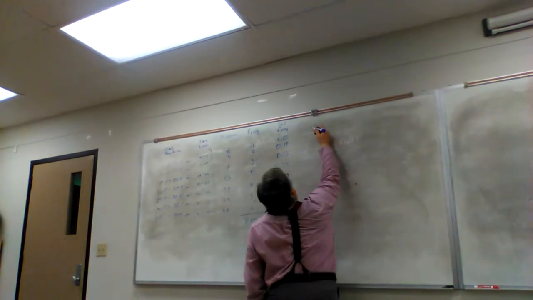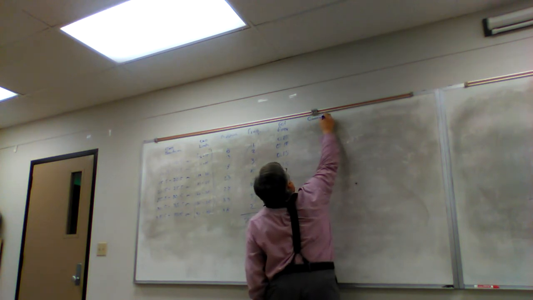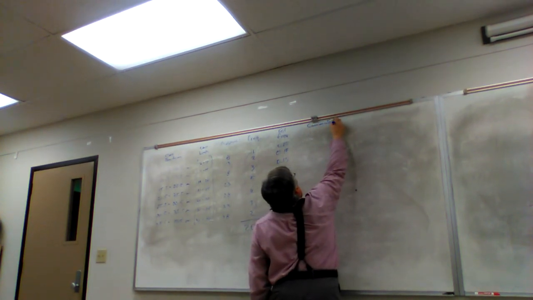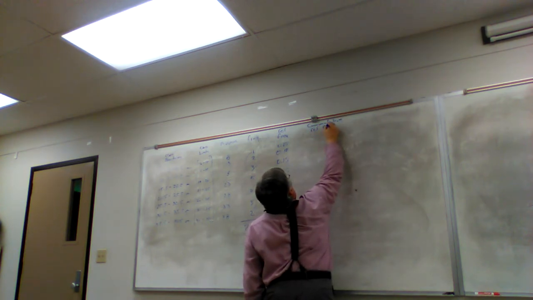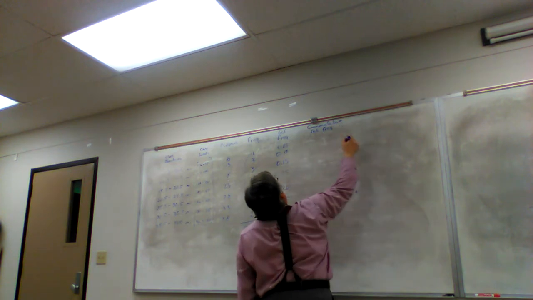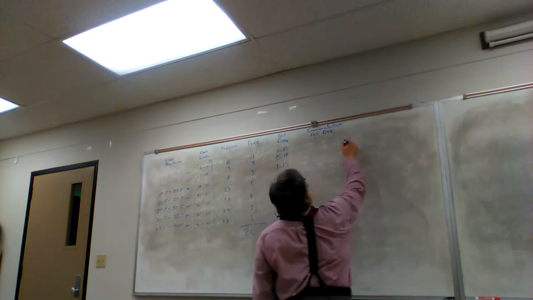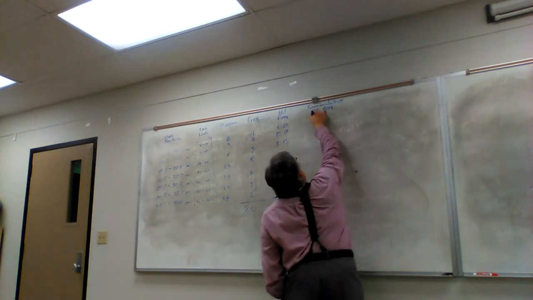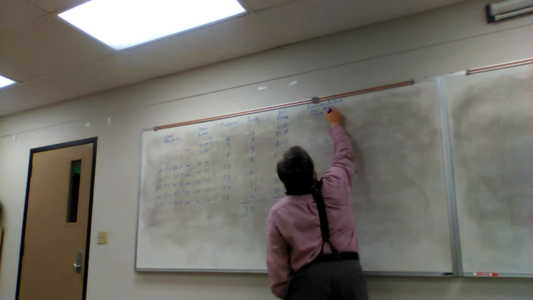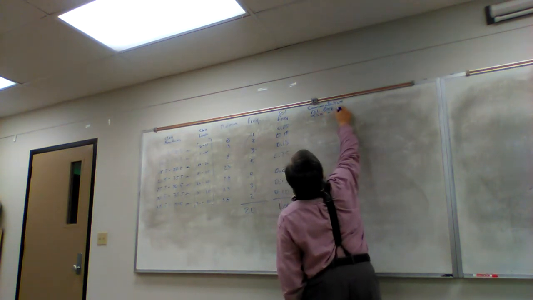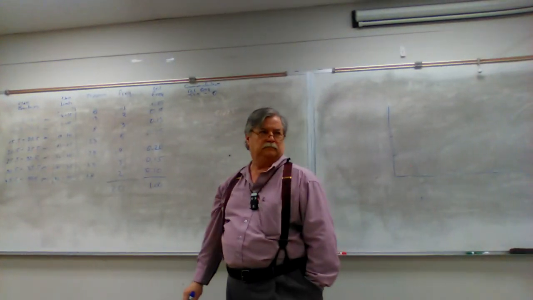Now, one last column we want to set up here. Cumulative relative frequency. We're going to start at less than 5.5 will be 0. Right?